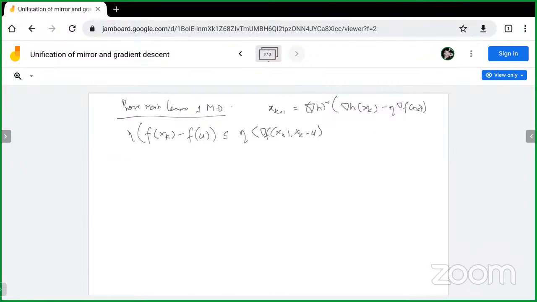And we show that this quantity is at most eta squared by 2 times the dual norm squared of the gradient at x_k, plus the potential decrease.